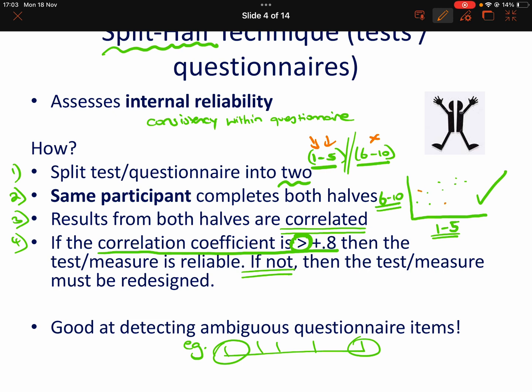It means there's going to be less of a relationship between these two halves of the questionnaire. Participants' score on this half is going to be quite different to their score on this half. So that's going to reveal itself in the split half technique, and that's going to result in a low correlation. So doing this can be really useful if we want to know if our questionnaire has any ambiguous items. Okay, so that's a split half technique.